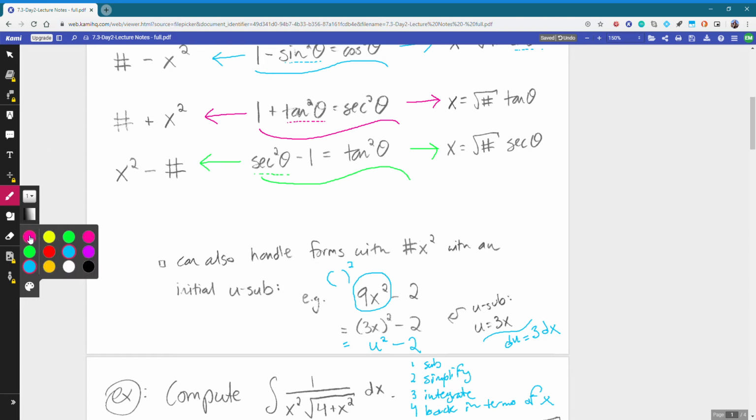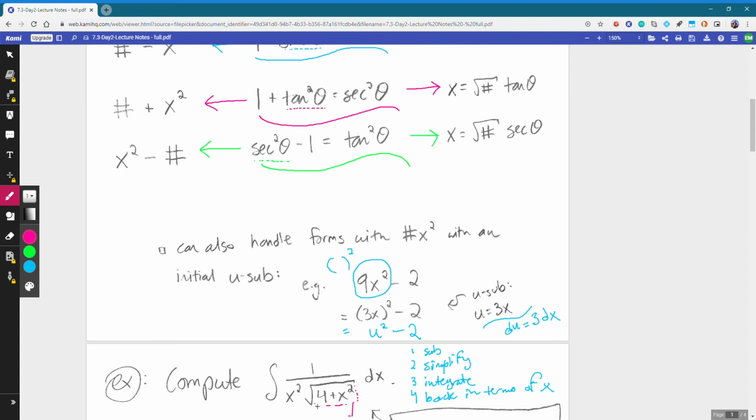Okay, well, let's start talking through this. So the first thing to notice is that under the square root, where we're looking to simplify things, this looks like a number plus x squared. And so that's here in the second case. And so here's our key identity, and we're going to do our trig u sub, letting x be some scaling of tangent.